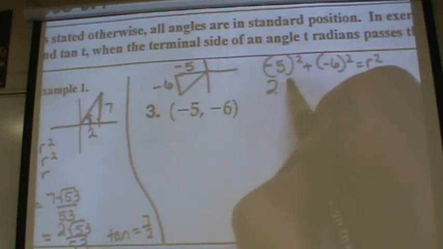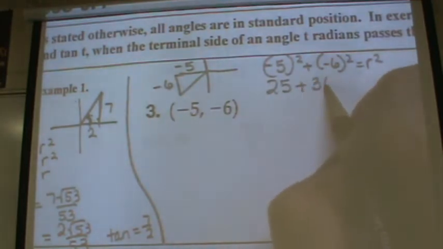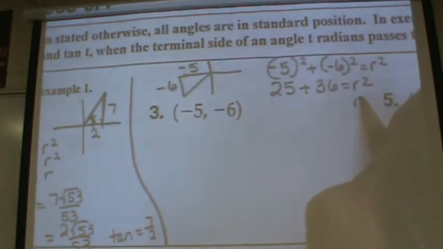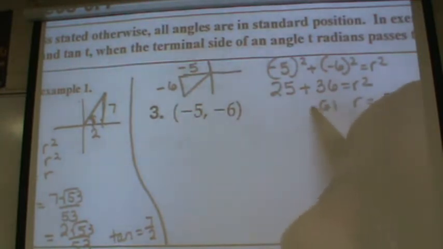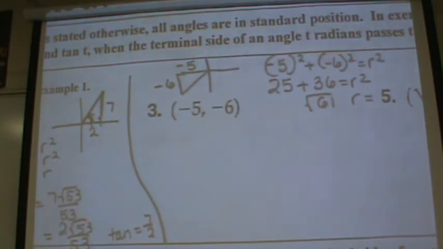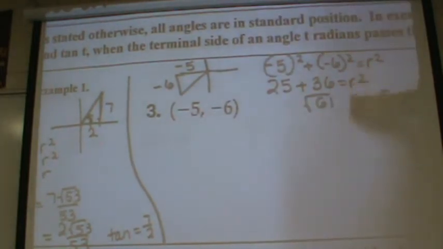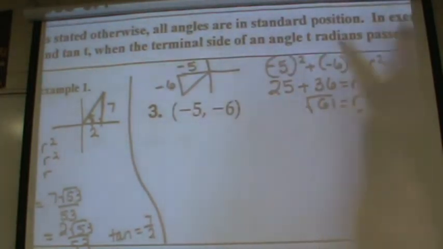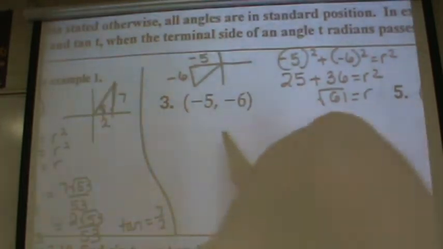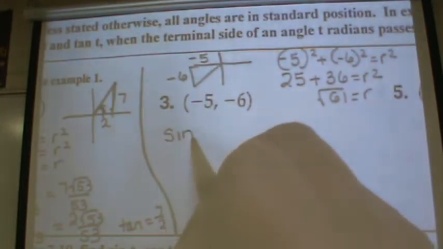You're going to use the Pythagorean theorem. 25 plus 36, 61. R is equal to the square root of 61. So what is the sine, cosine, and tangent?